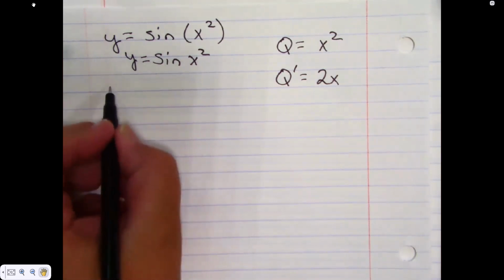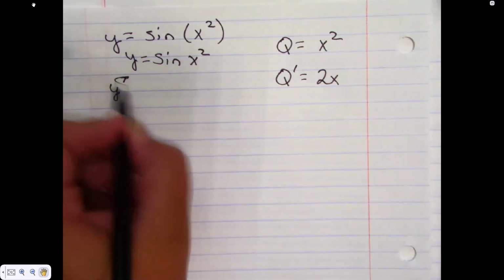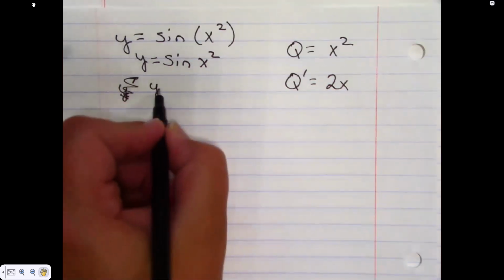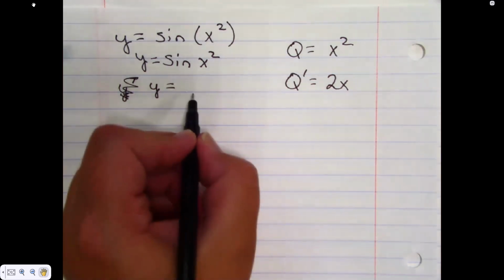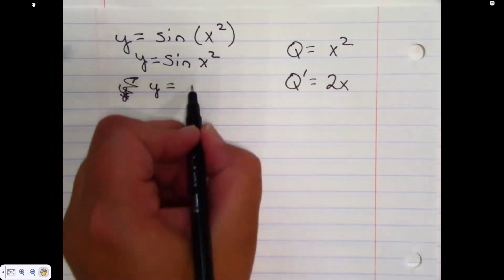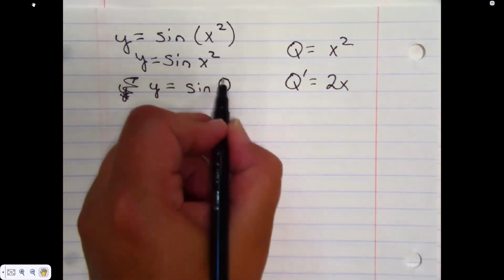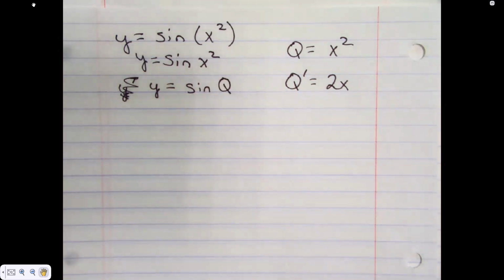And then this will change. This will still be y equals because we're going to change it to a q, right? So this is going to be sine of q. The sine still stays there, and q was just the x squared.